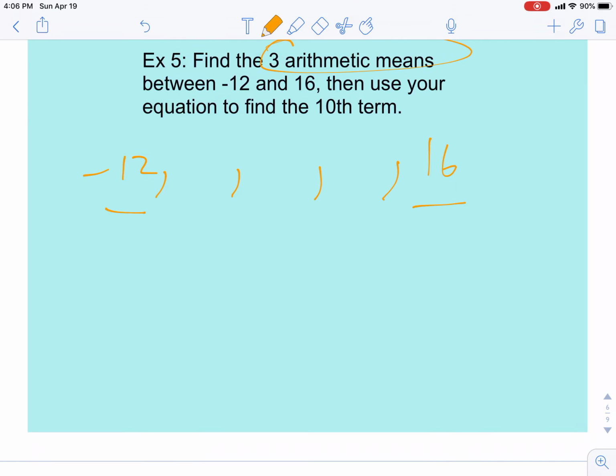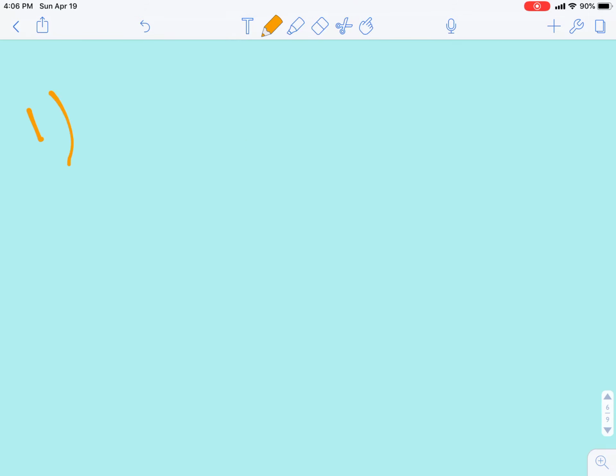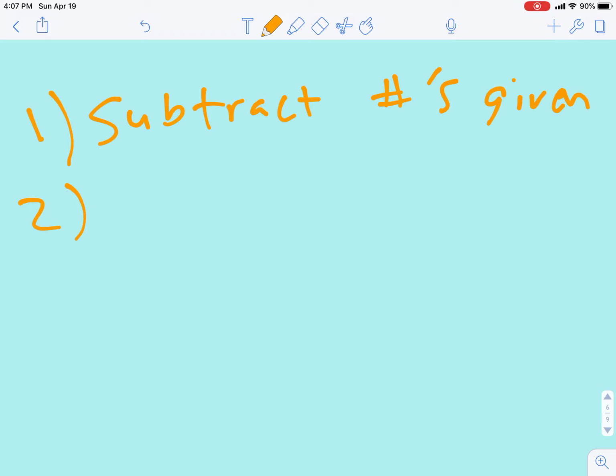So here is the process that we're going to do. I'm going to put it in layman's terms for us, and then we're going to go ahead and do it. So we're going to subtract the numbers given. Second thing is number of jumps, and that's basically how many times you're going to have to add this common difference.